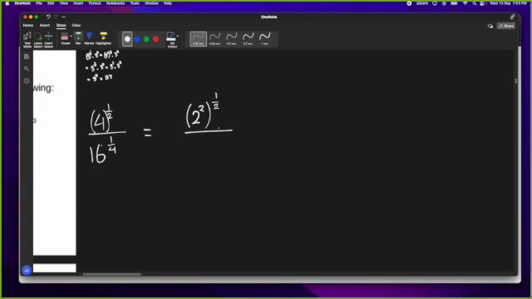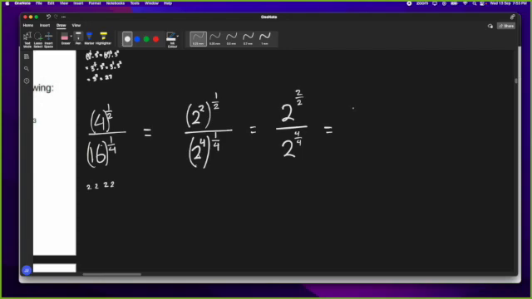And that'll be divided by 16. 2 2s are 4, 2 4s are 8, 2 8s are 16. So 16 is 2 to the power of 4, and that is to the power of a quarter. And so therefore this will be 2 to the 2 multiplied by a half, which is 2 on 2, all over 2 to the 4 multiplied by a quarter, which is 4 on 4.